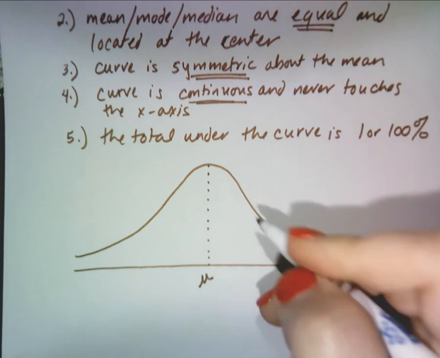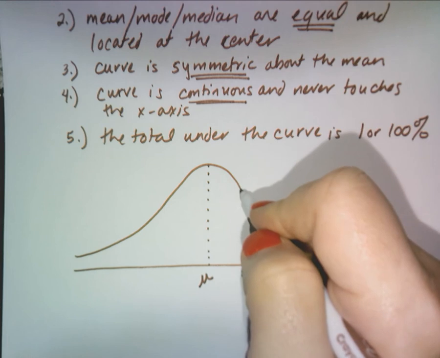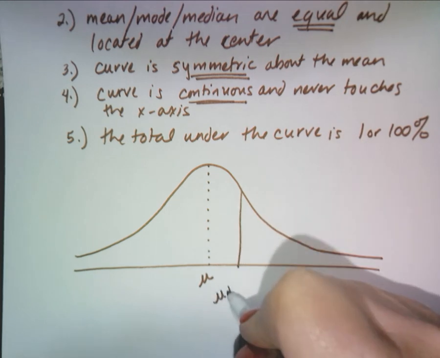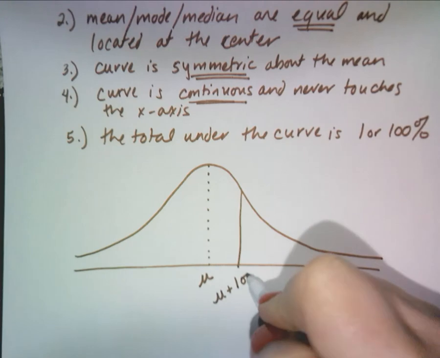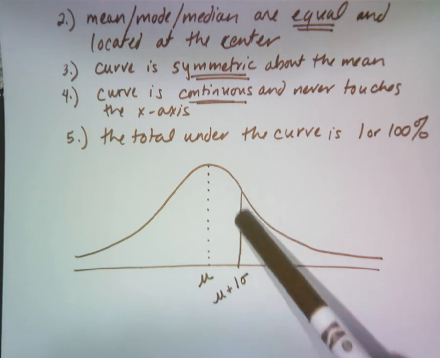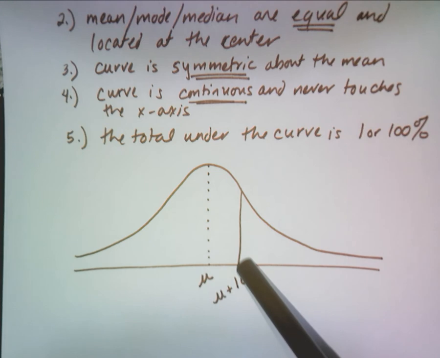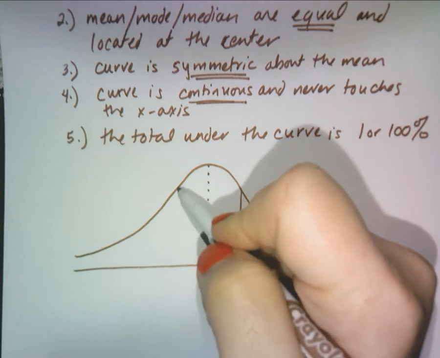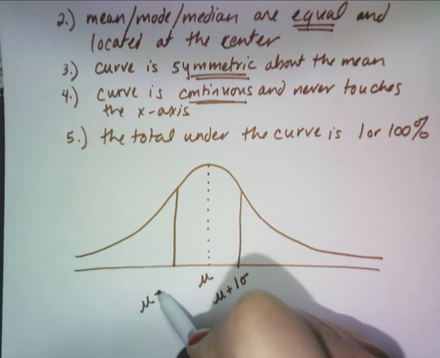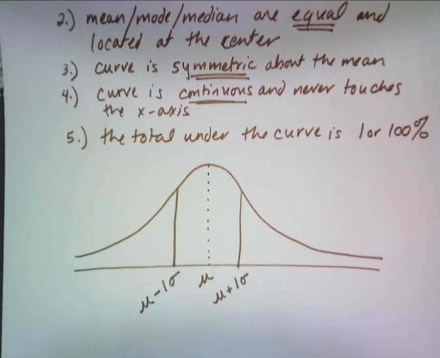Now, I can go one step over and I would be at what's called mu plus 1, and then that little symbol right there, anybody remember what that means? I know it's been a while. Standard deviation. If I go one standard deviation past the mean, I would be located here to the right. If I go one standard deviation to the left, I would be whatever my mean is minus 1 standard deviation.